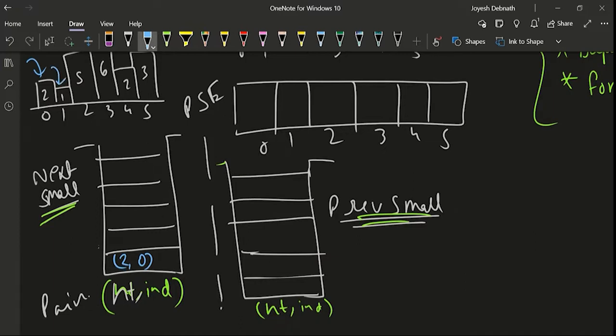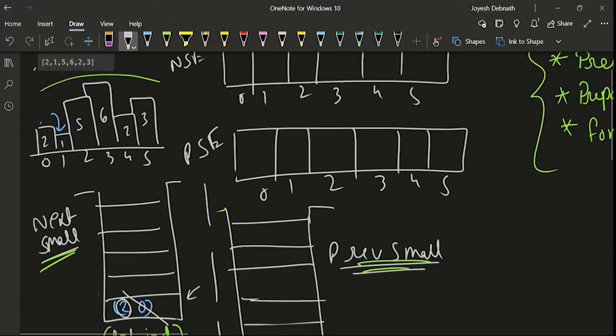For the next block, which is 1, we can see that there is already an element in the stack which is 2 comma 0. Its height is 2 and our current block is 1, so our current block is lesser in height than the existing block. So we will pop this out, and its index is 0.